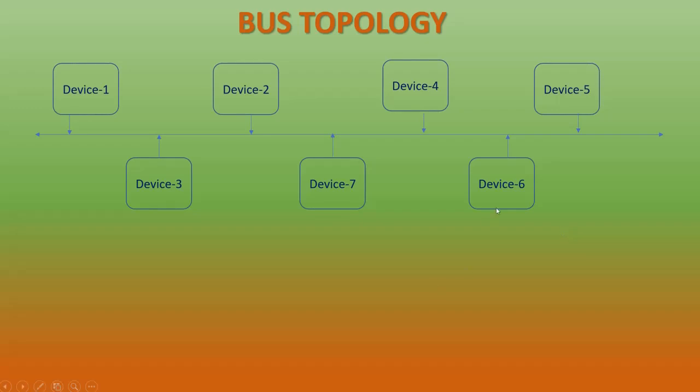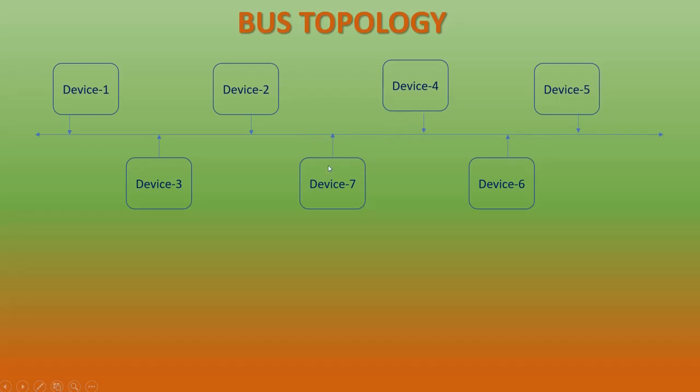If device 6 wants to send a message to device 2, device 6 will send the message to the cable, and the message is transmitted in both directions of this cable. When it first reaches device 4, device 4 will accept it and check whether it contains its own address. No, it is not device 4's address. So again it is transmitted through the cable.